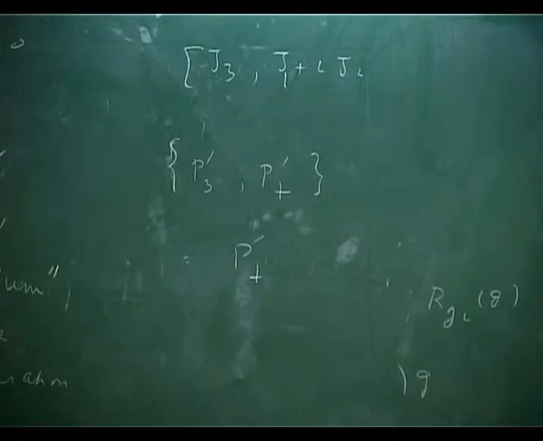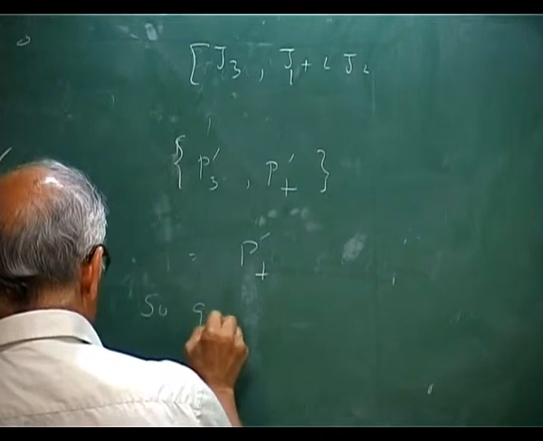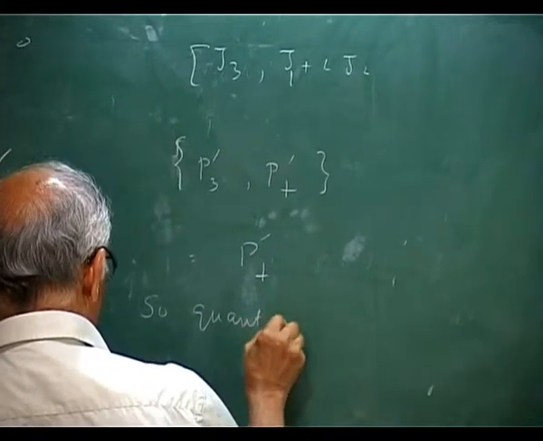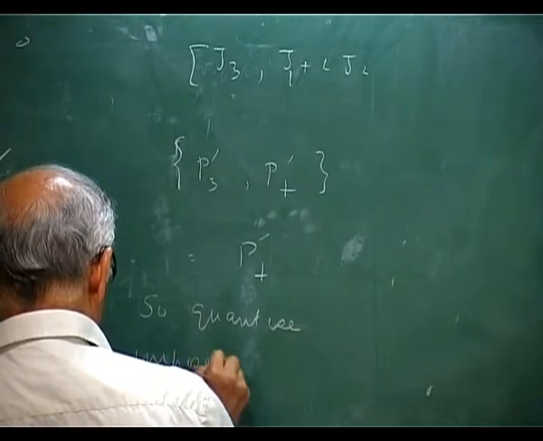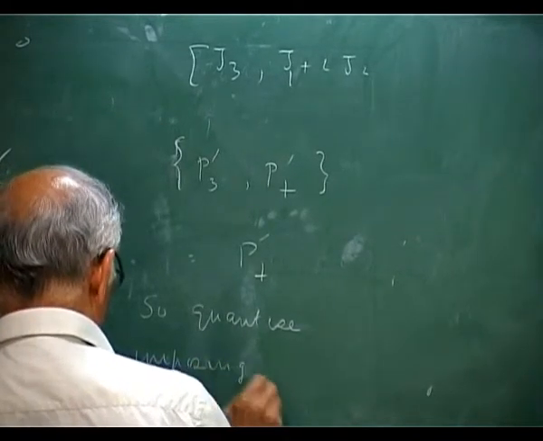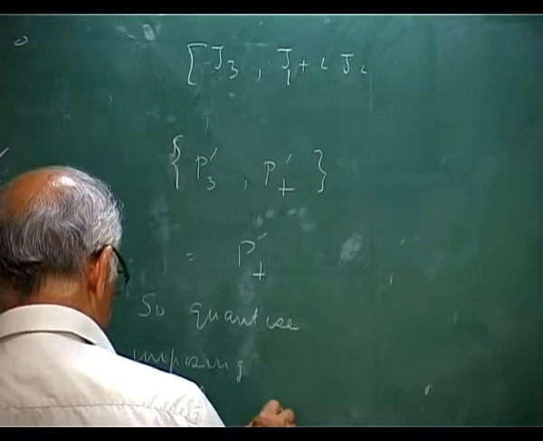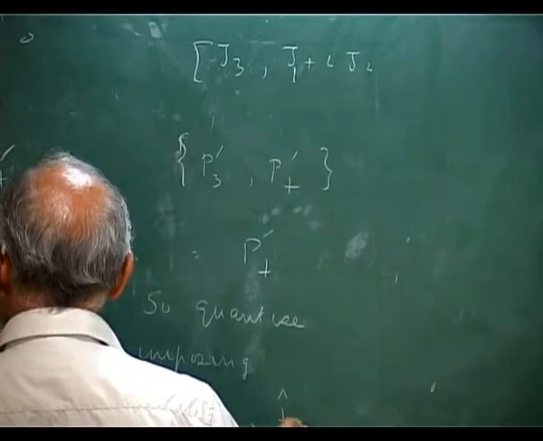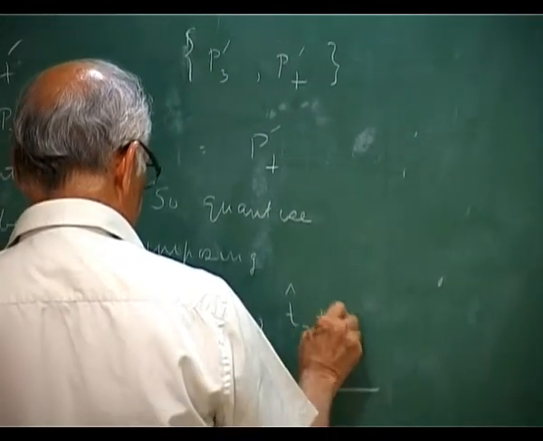Okay. So on quantization, imposing these conditions, let me call them T hat plus and T hat 3 plus lambda.